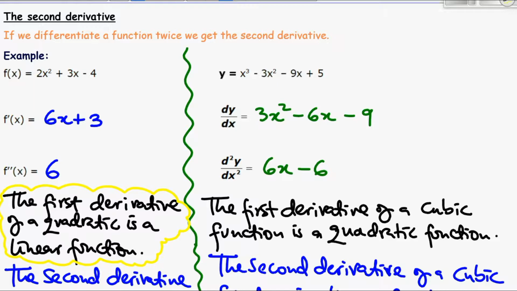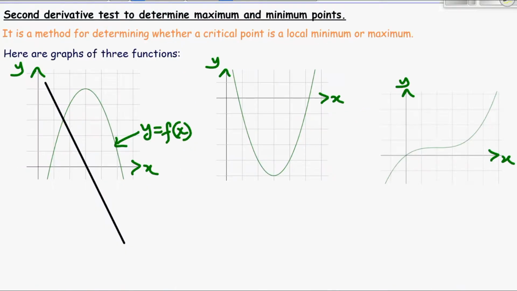So if you find the first derivative of a quadratic function, it's a linear function, and that's why I have this as my gradient function. So the linear function represents the gradient function of the original curve.